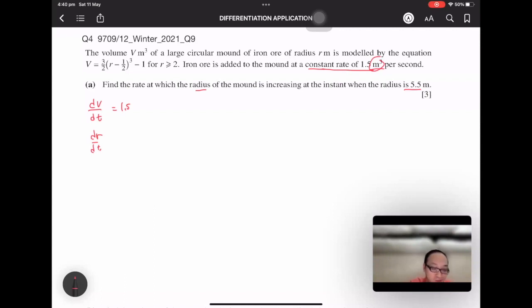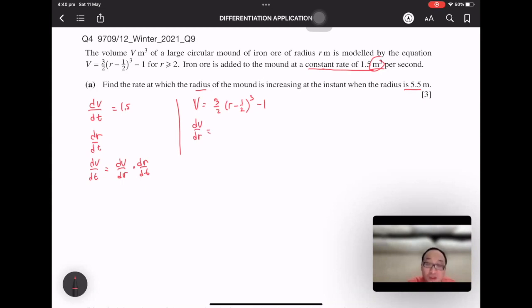So to find the dr/dt, we can use the chain rule: dV/dt equals dV/dr times dr/dt. So first we need to find the dV/dr. We know that V is 3 over 2 (r minus half) cubed minus 1. So we can find dV/dr.